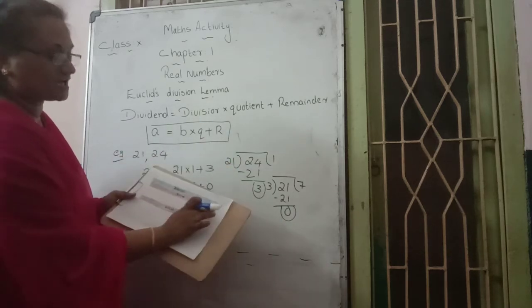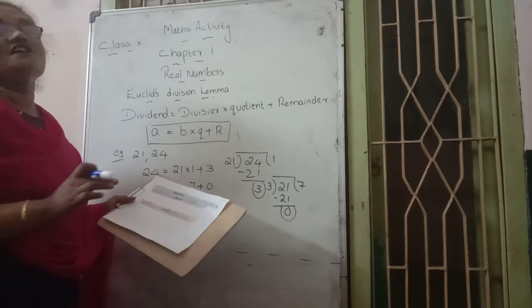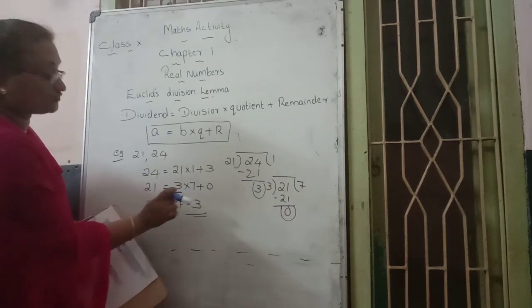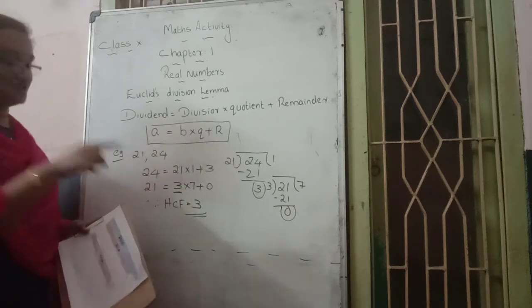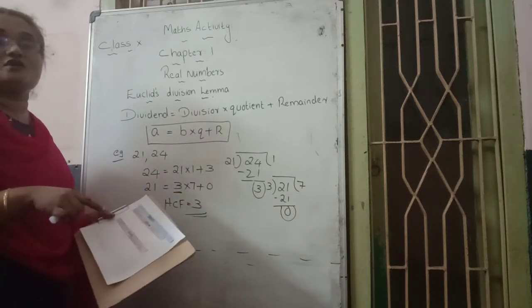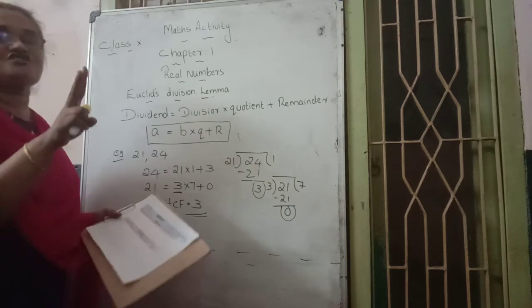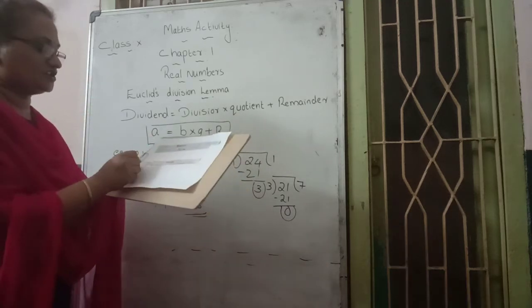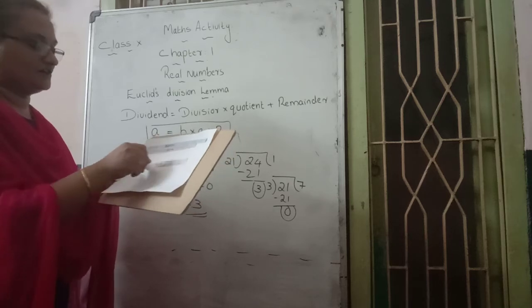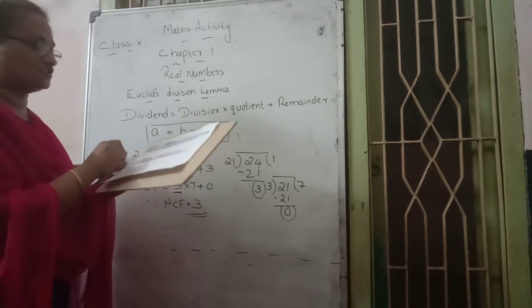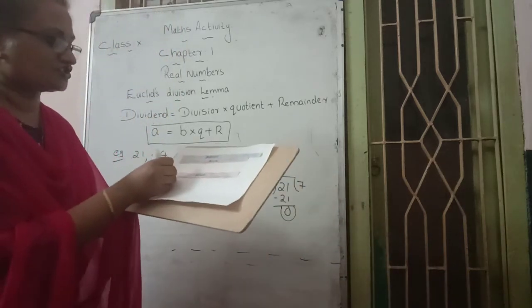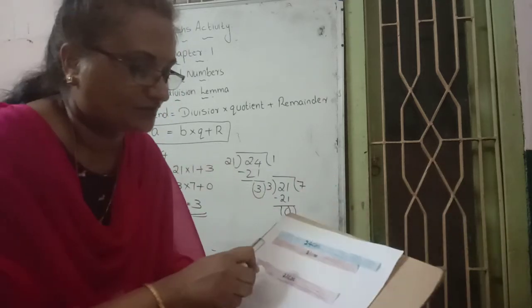Our gap is 3 centimeter. How many strips do we require? 7 strips. 3 centimeter, 7 strips required. When pasting, the 21 centimeter is fully covered and the remainder becomes 0.